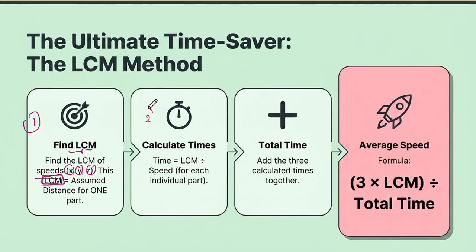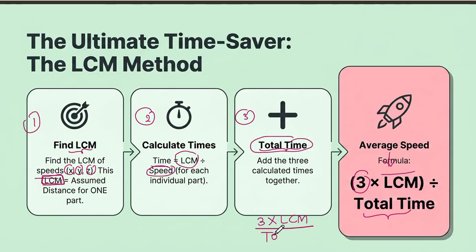The second step is to calculate the time for each interval: LCM divided by the speed, one by one. The third step is to add up the total time. Our final short formula is 3 times LCM divided by the total time. So the formula is 3 multiplied by the LCM of the speeds upon total time.